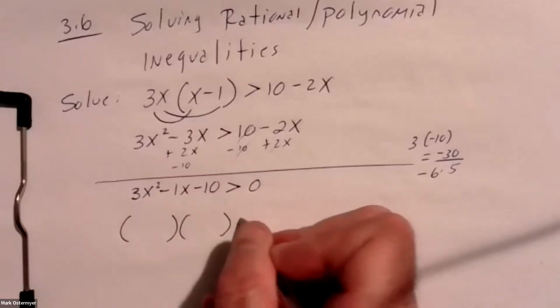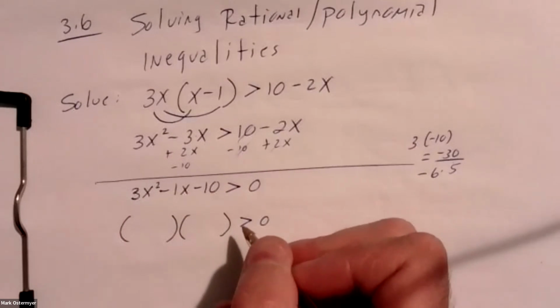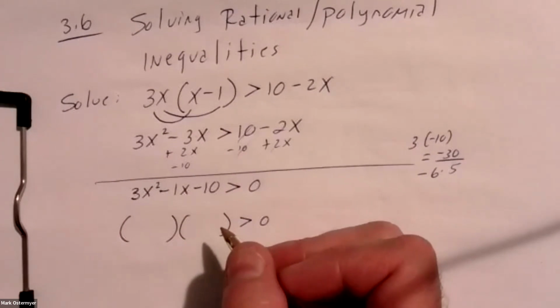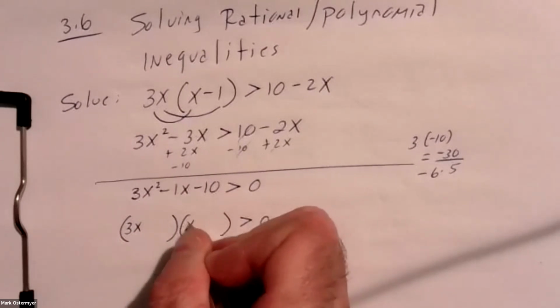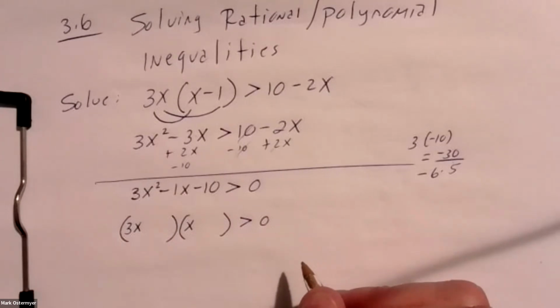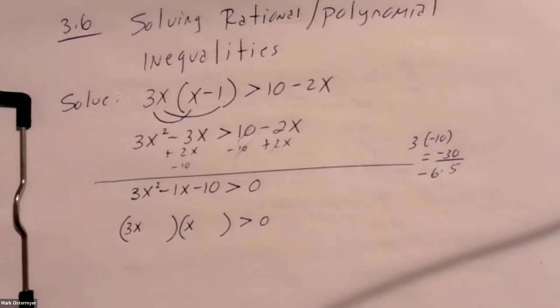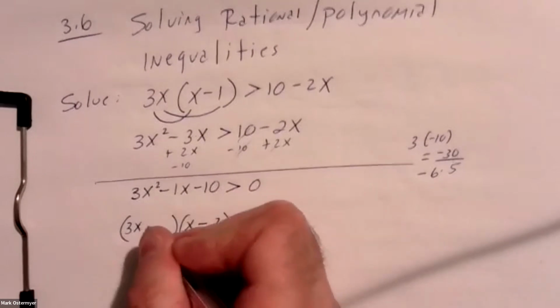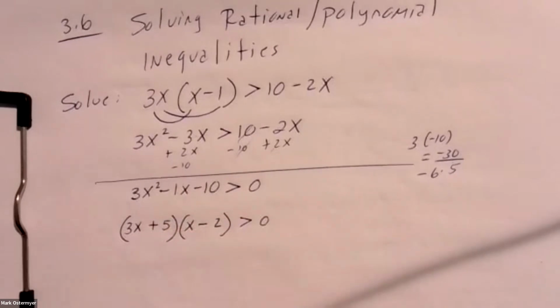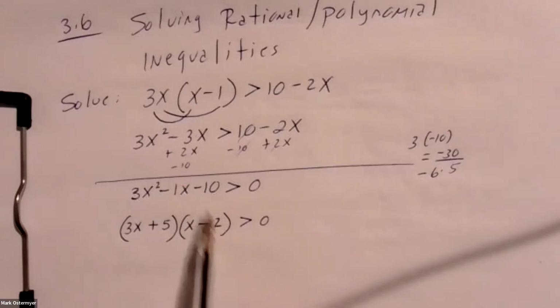I'm not going to go through the grouping or the trial and error method to factor it. The bottom line is we have to get this thing factored. So we'll have a 3x here and an x here, and I'll have the minus 2 here and the plus 5 here. I think that factors correctly: 3x squared minus 6x plus 5x is minus 1x, and 5 times negative 2 is negative 10.